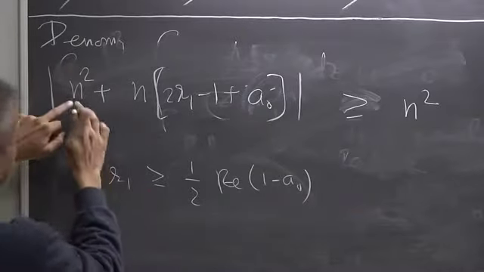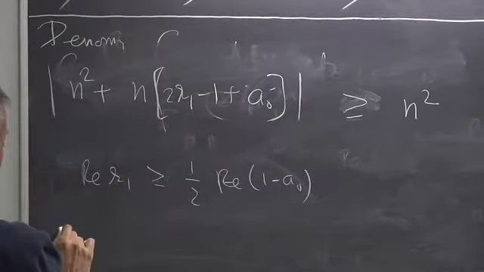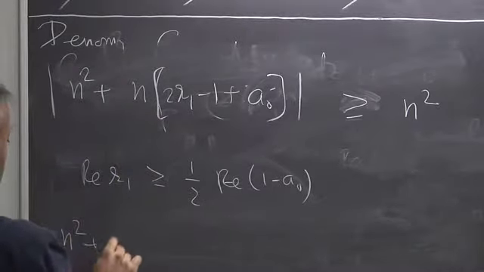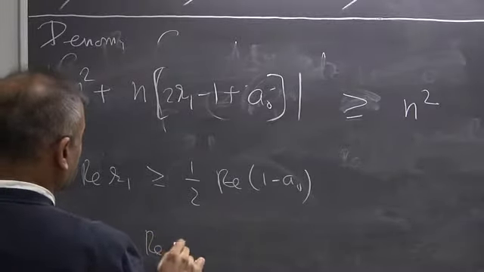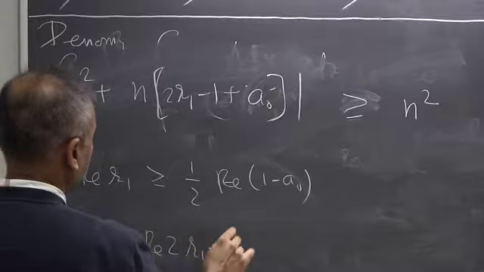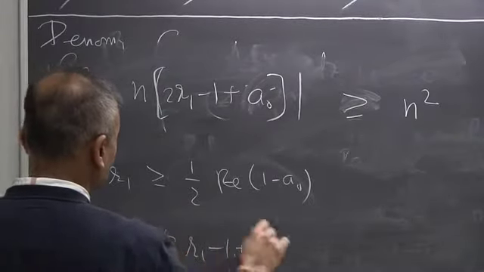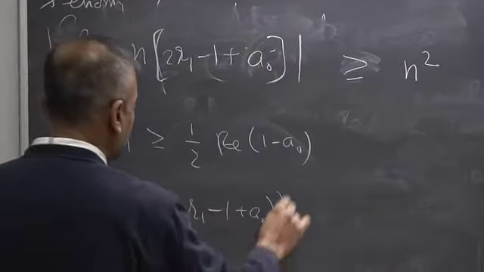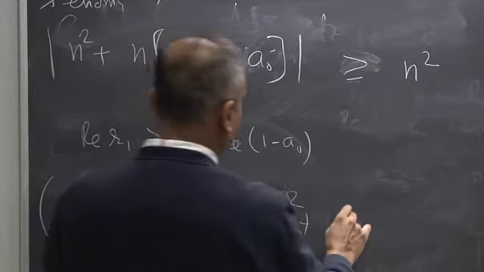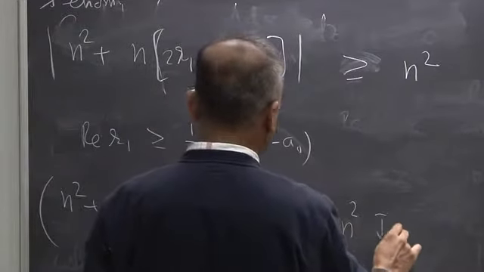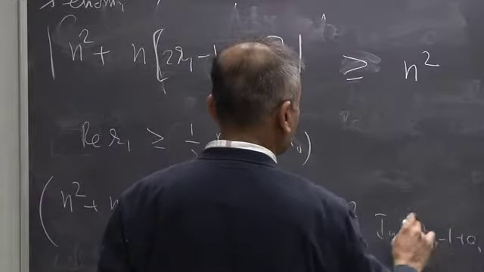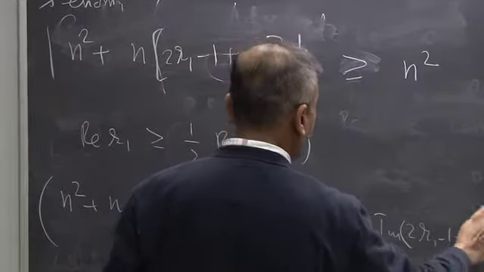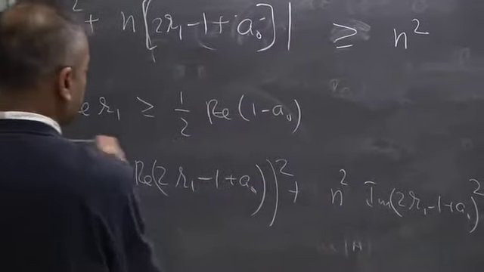So the real part, n is of course real. So you have n square plus n times the real part of (2r1 minus 1 plus a0), whole square, plus n square times the imaginary part of (2r1 minus 1 plus a0) square, right? Square root of this whole thing. That's the absolute value.